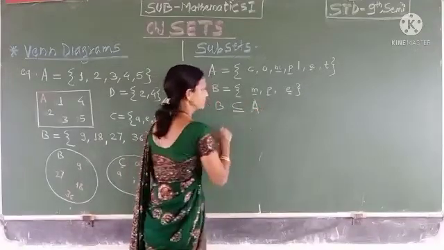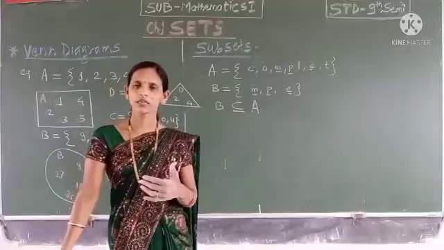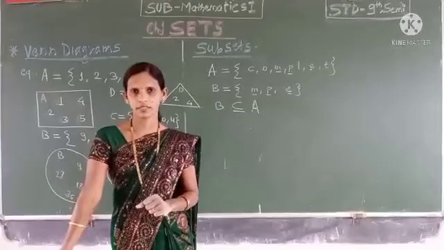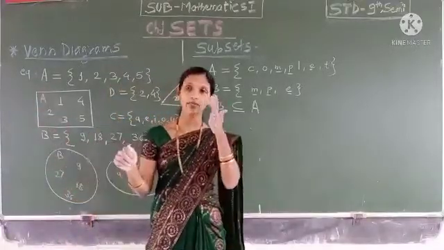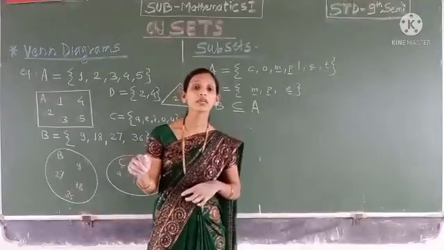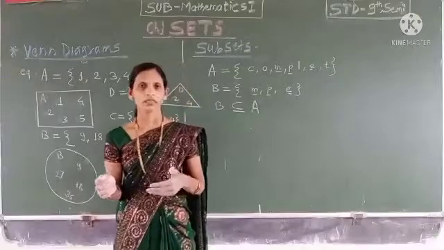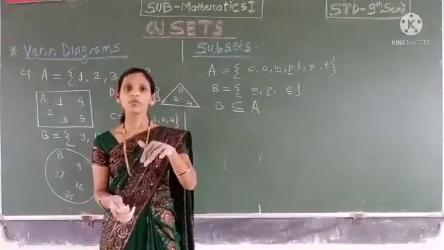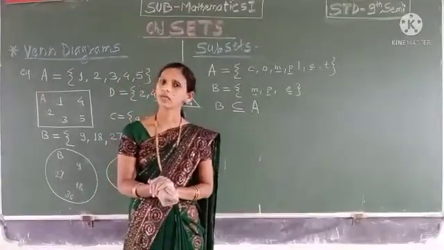For example, the human body contains different organs, that is hands, legs, eyes, ears, stomach, intestine, etc. The intestine is a part of the human body, but the human body is not a part of the intestine.